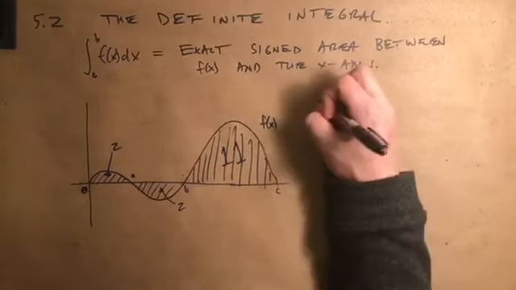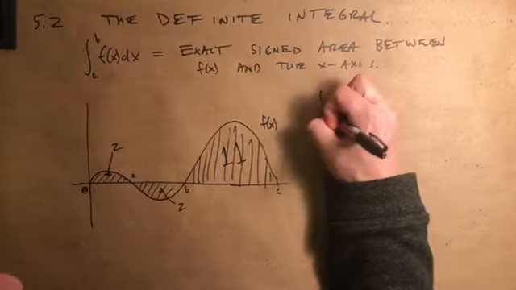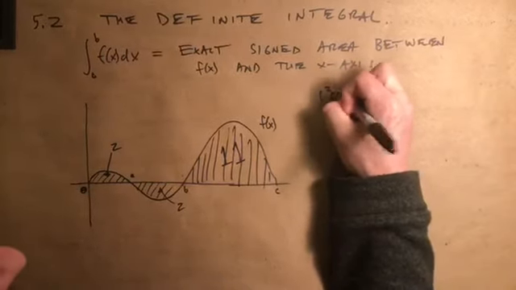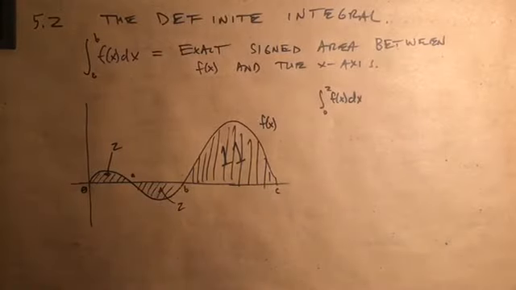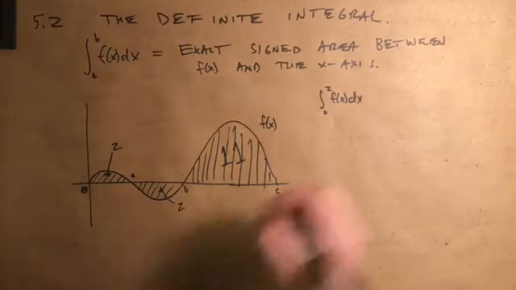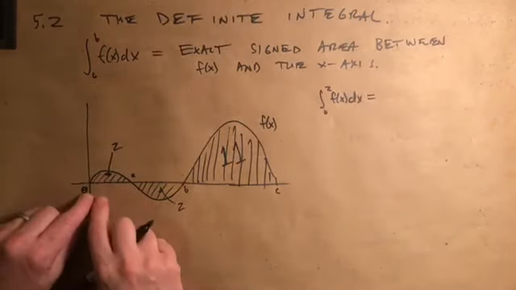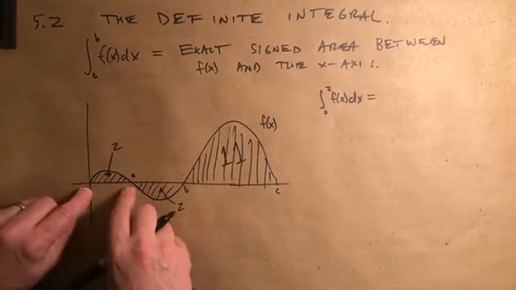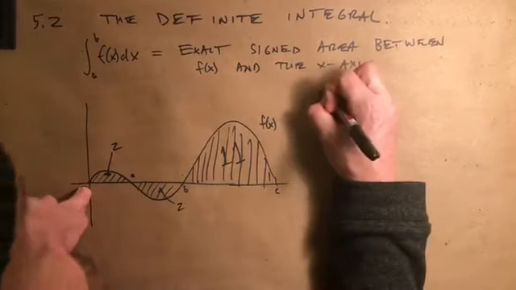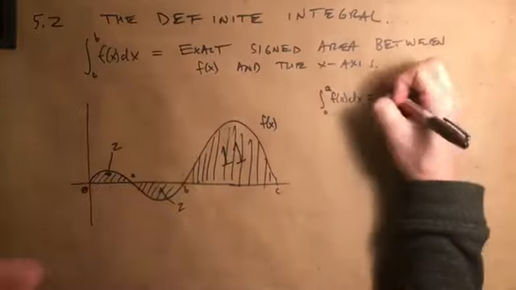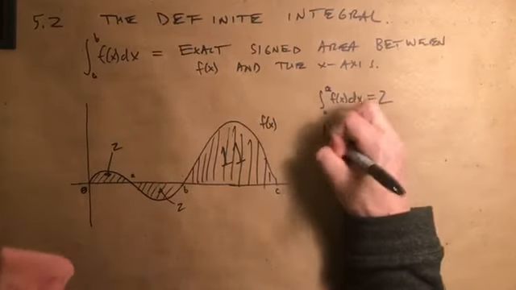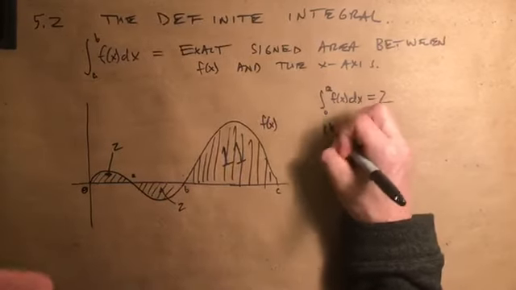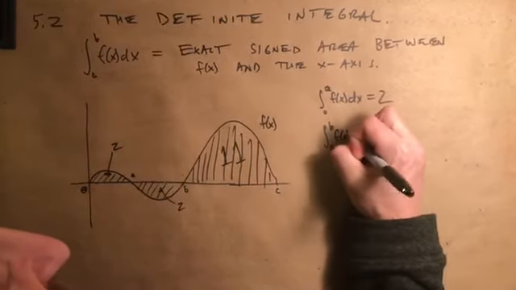And if I wanted the integral from 0 to a of f of x dx, and we have to have that dx because that is our infinitesimal width when I made the rectangles, we would want the exact signed area from 0 to a, and that would be equal to 2. Let's go again. How about the integral from a to b of f of x dx?